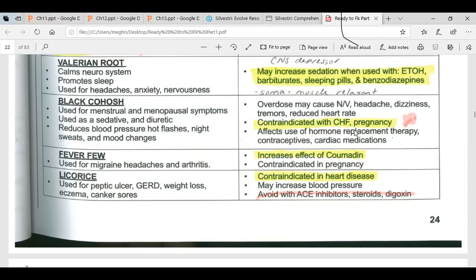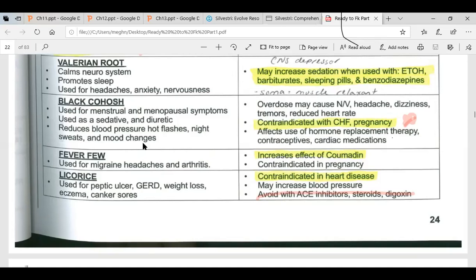So a mother who is going to get pregnant or going to deliver a baby is not a good candidate for black cohosh. Then feverfew, used for migraine headache or arthritis. It increases the effect of Coumadin.